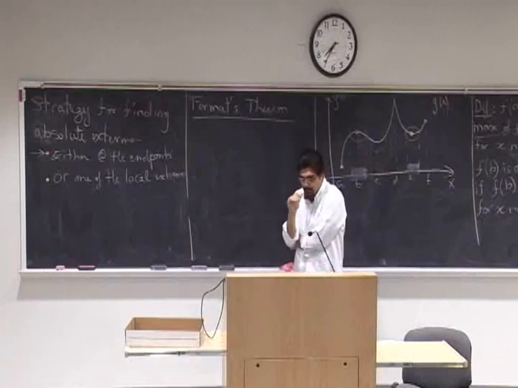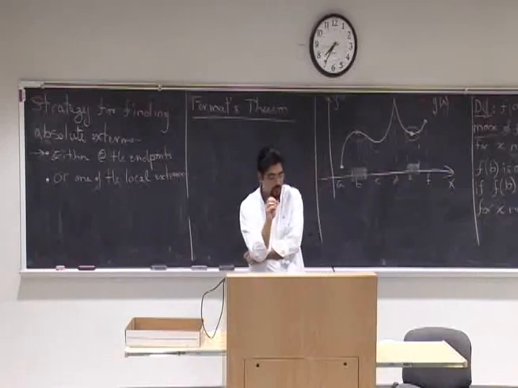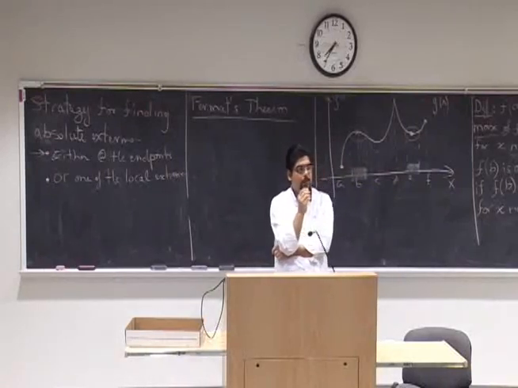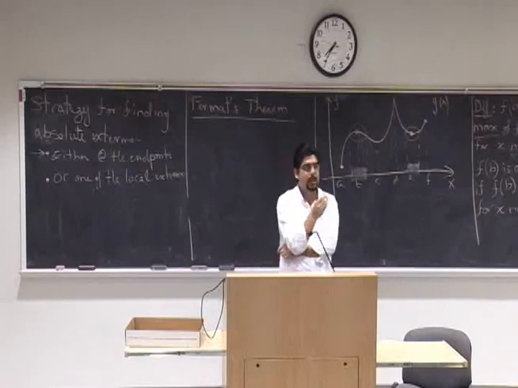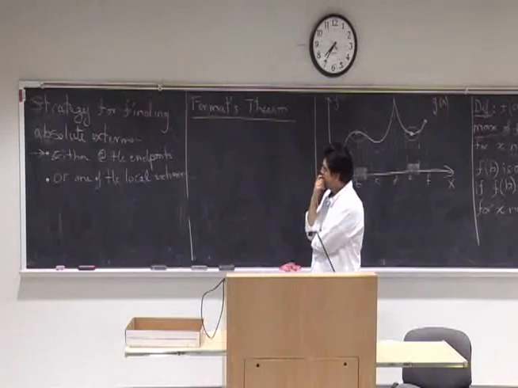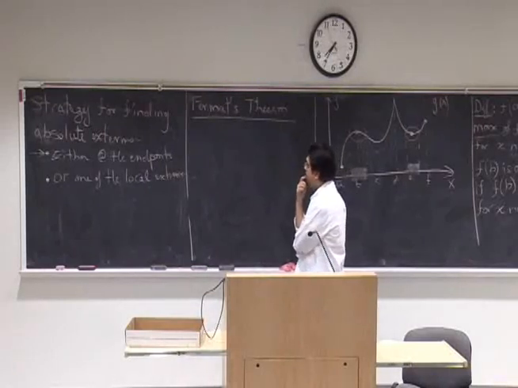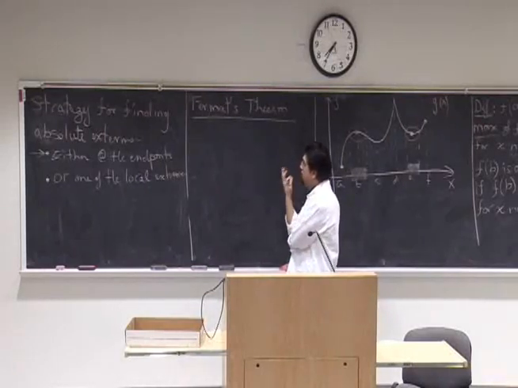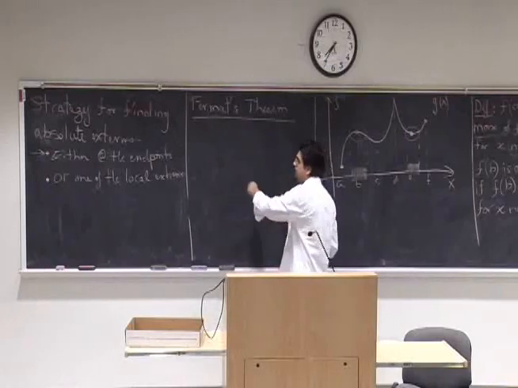Fermat's theorem. Fermat made an observation about the qualities that local maxes and local mins have. Okay? And we could probably come up with intuitively what the theorem says, but I'll just write it down.